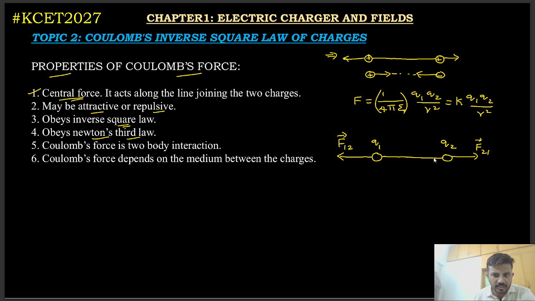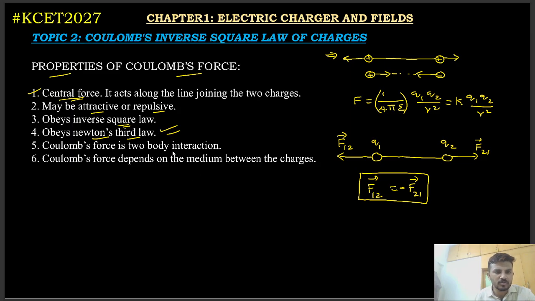Their magnitudes are the same but directions are opposite. So that is given by F12 is equal to F21. But look at the direction. Direction is opposite, so we write a minus sign here. So there are equal and opposite action and reaction forces here. That's why we call it Coulomb's law obeys Newton's third law.